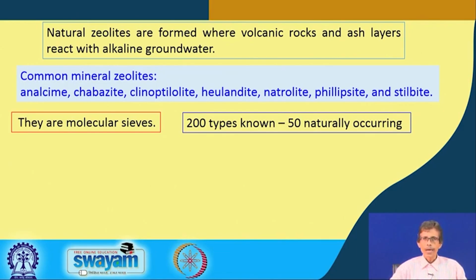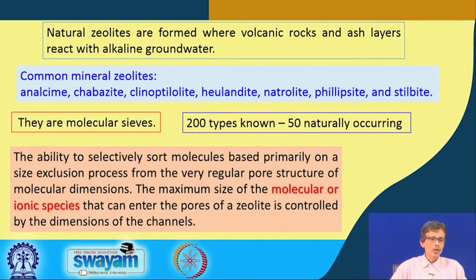People have characterized them nicely, and that gives rise to some good information even for our synthetic methodologies, that is, how we can make some of these zeolites in the laboratory. They can function as different types of molecular sieves, with the ability to selectively sort different molecules.